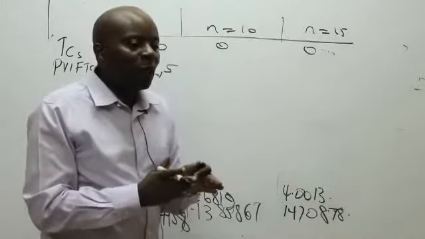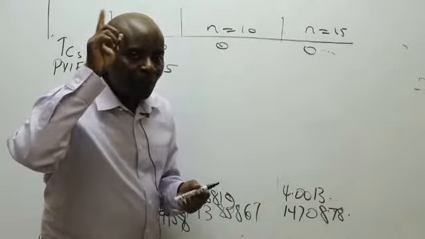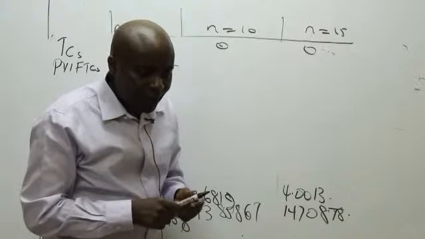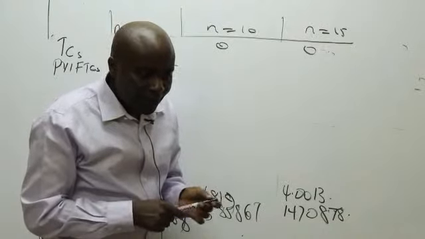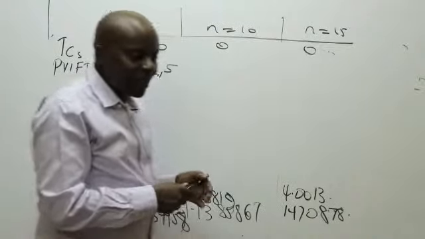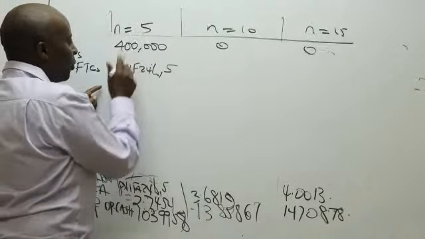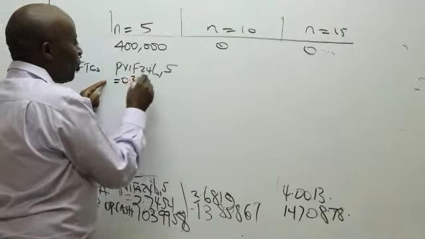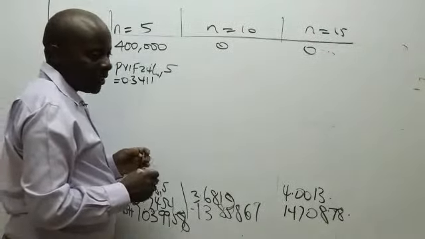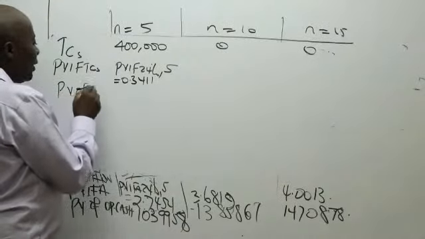The 400,000 will only come to us one-off at the end of year 5. They are telling me that the PVF, this lump sum amount, is 0.3411.